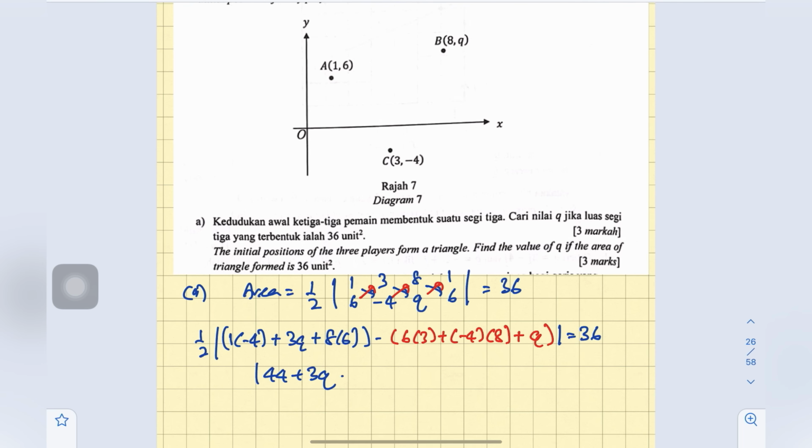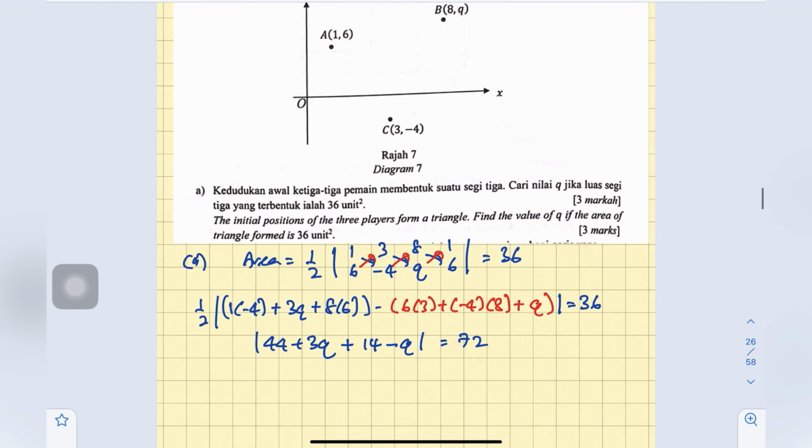Minus 18 minus 32, so plus 14, minus q equals to 72. So ni kita dapat berapa? 2q plus 58 equals to 72.